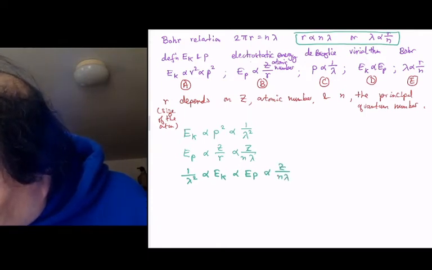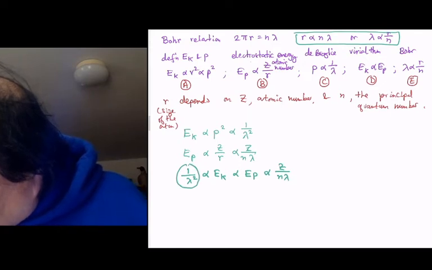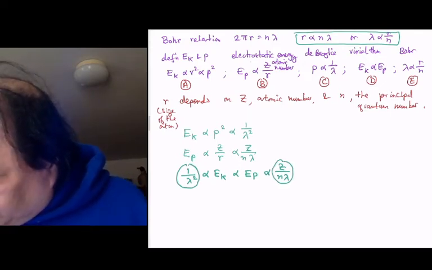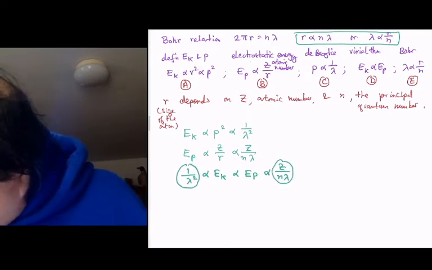And so we're going to look at this guy is proportional to this guy. I'll write it over here. 1 over lambda squared is proportional to Z over nλ.